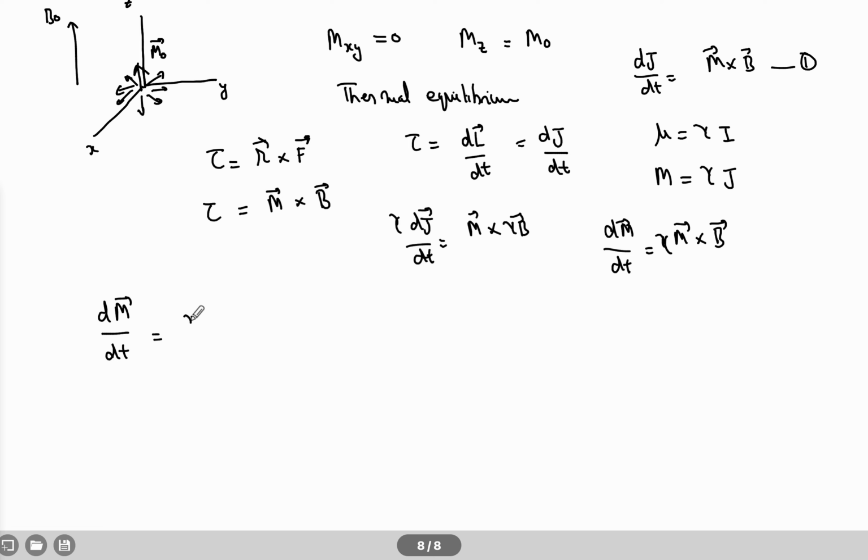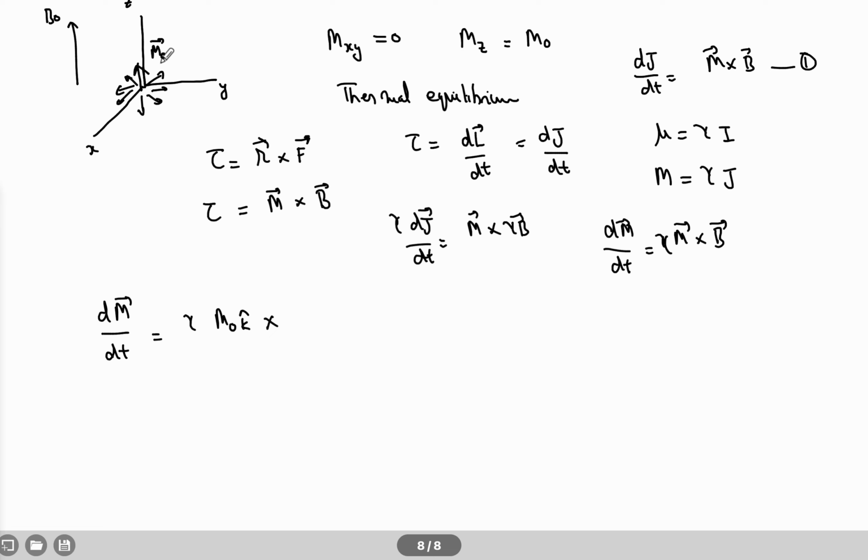So now if you see, this is M0 k. Notice that this is only along the z-axis, the x and y components are 0, so only the k vector will survive here. There is no i or j vector here because there is no coefficient to that.